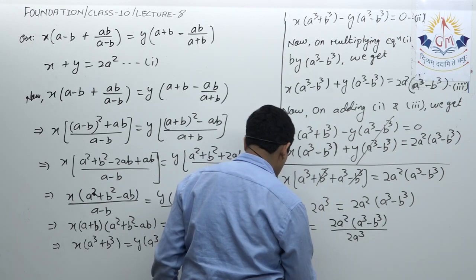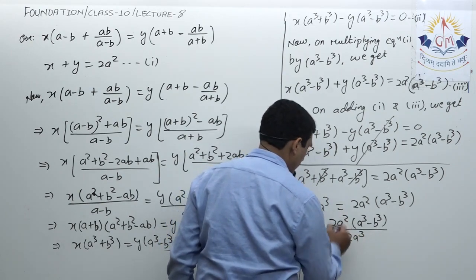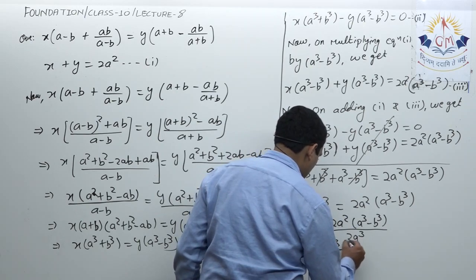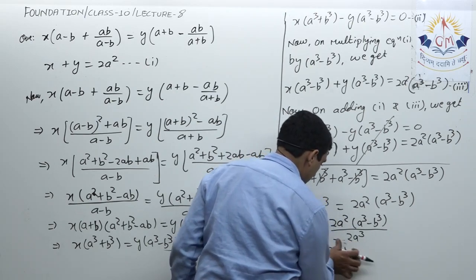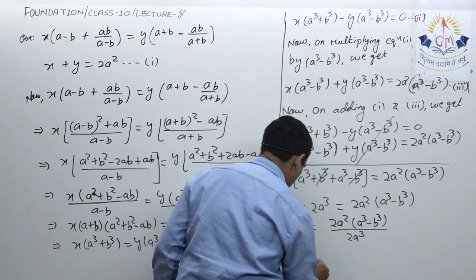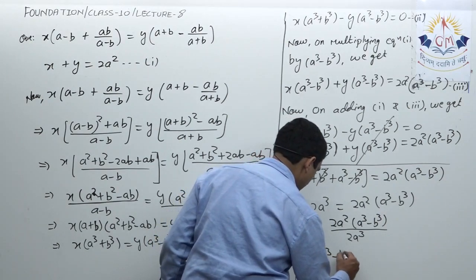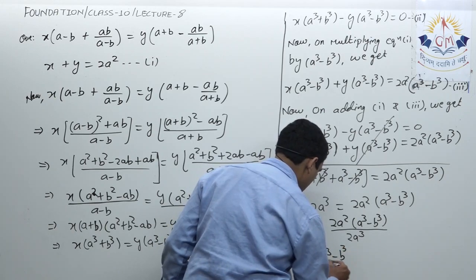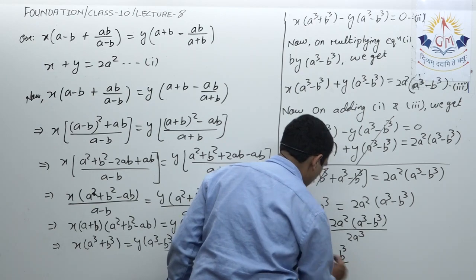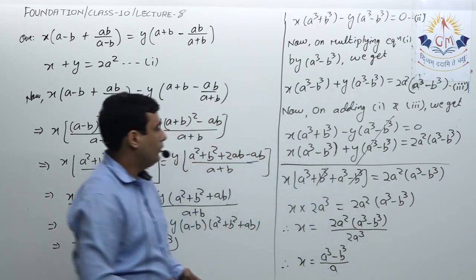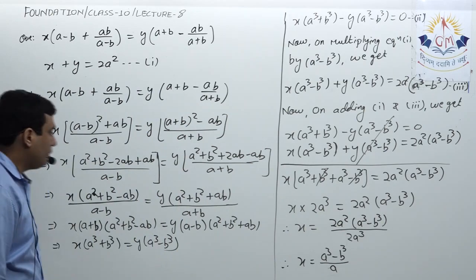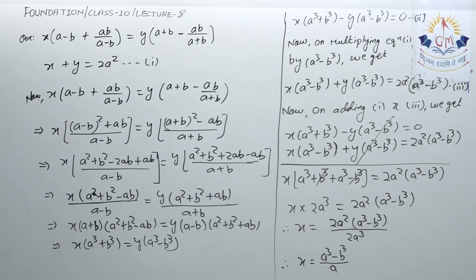So x is equal to, 2 and 2 cancel, a² and a cancel, so (a³ − b³) upon a. This is the final value of x. So note it down, then we'll see the further solution. That means we'll see how to get the value of y.